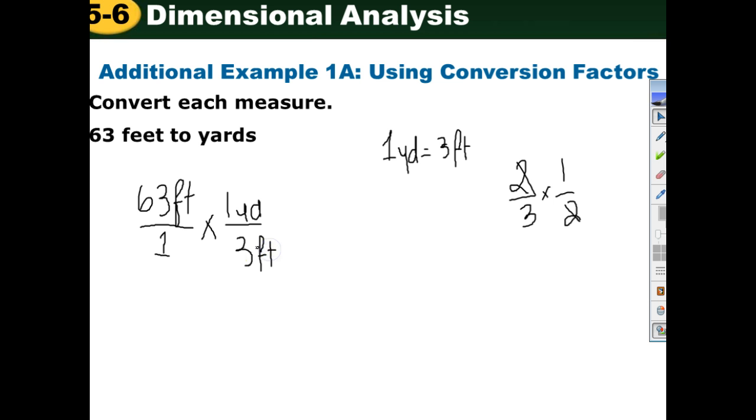Now, why did I put 3 feet at the bottom? Because we are dealing with a fraction, so that these two units can cancel each other out. I do not want feet, so that means we are going to get rid of the feet, so I need to put it at the bottom. So now I'm left with 63 times 1 yard, which is 63, and then 1 times 3 is 3.